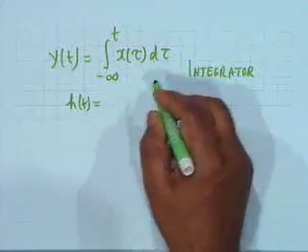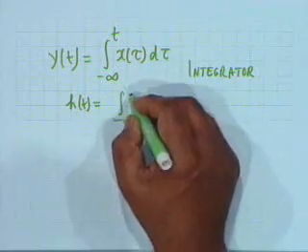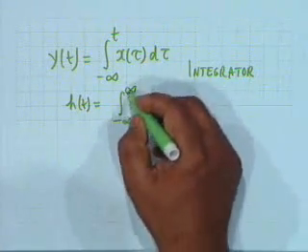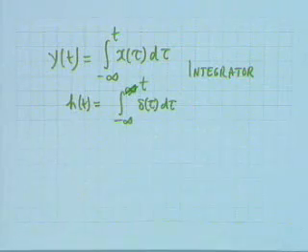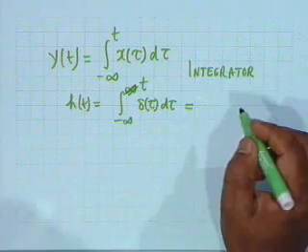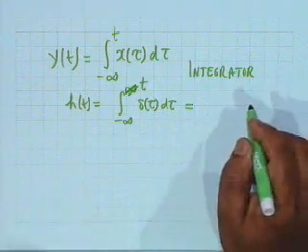You replace x of t by delta t, so the integral of delta tau d tau from minus infinity to t, I beg your pardon. What is this function? It depends on t. This is simply u of t.